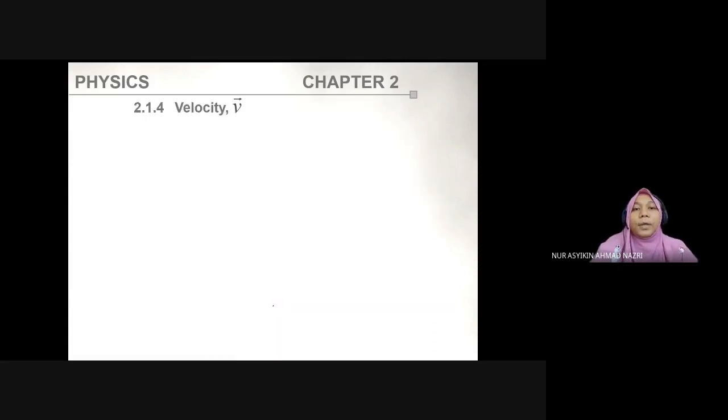Alright, then velocity. Velocity is vector quantity. Why? Because we consider the direction. Ke kanan ke kita ambil kira, ke kiri ke dia ambil kira. The motion is going upward also we need to consider. Alright, but the SI unit the same with the speed.